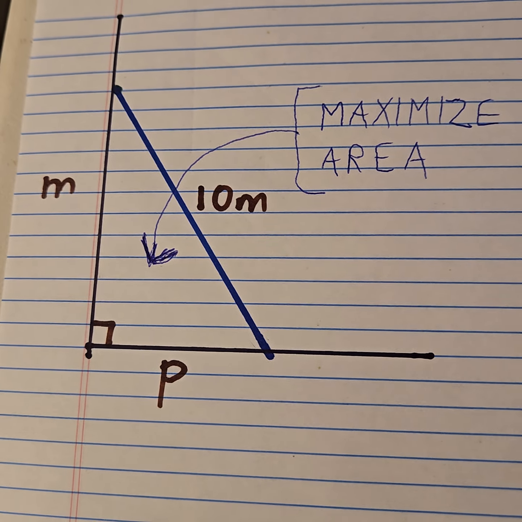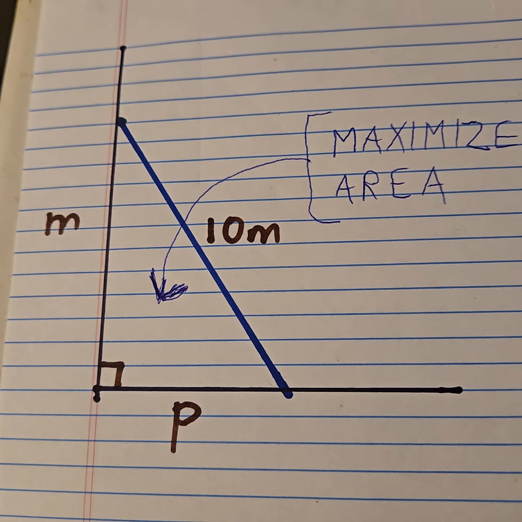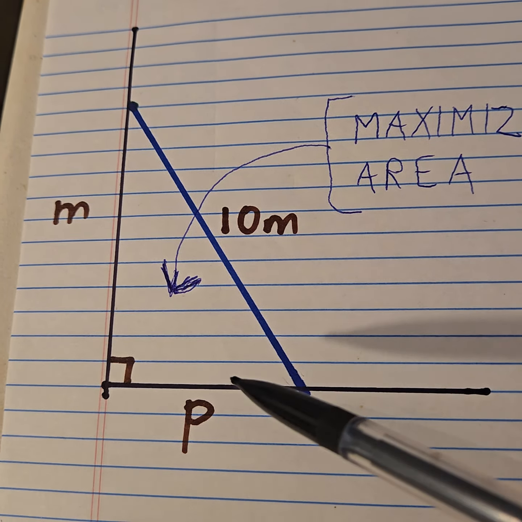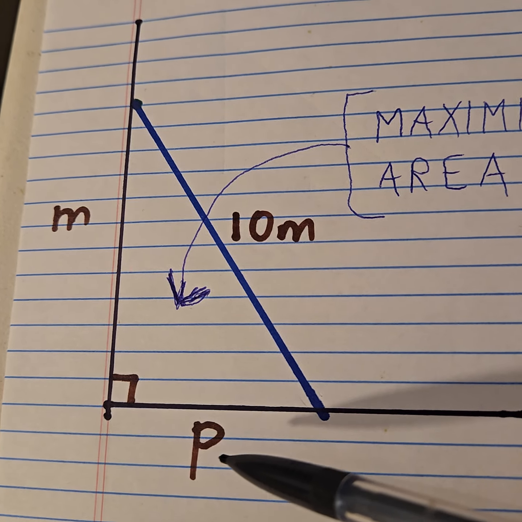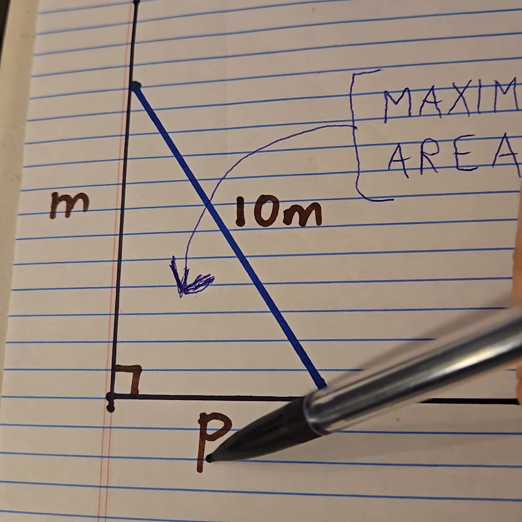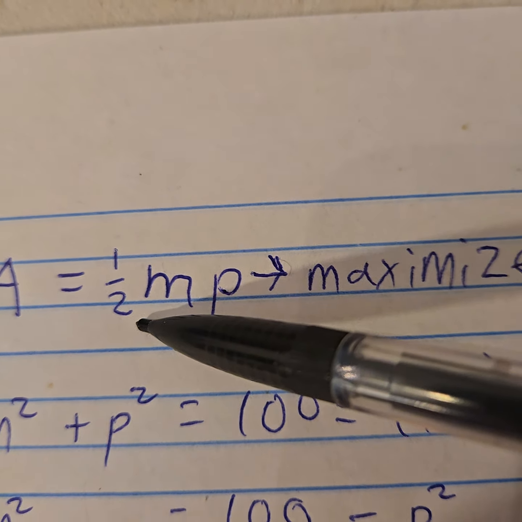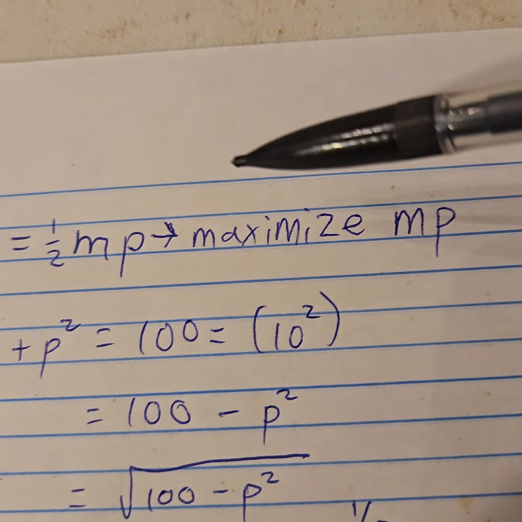So to begin with, we're going to make an equation where the subject is what we want to maximize, and that's the area of this triangle. It's a 90-degree triangle, so area is half times base times height. With the letters I chose, it is half times P times M. Area is half MP.